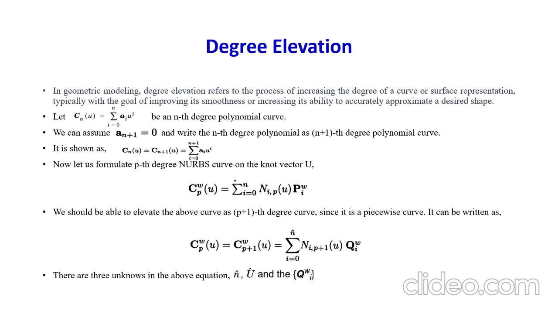So, degree elevation can have a significant impact on the accuracy and quality of the resulting geometric model. Now, let's see how we can elevate the degree in the mathematical representations.